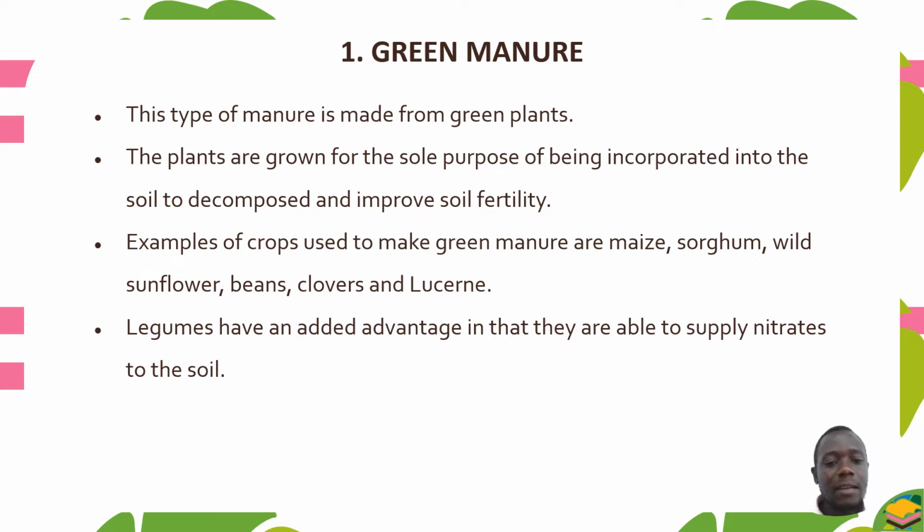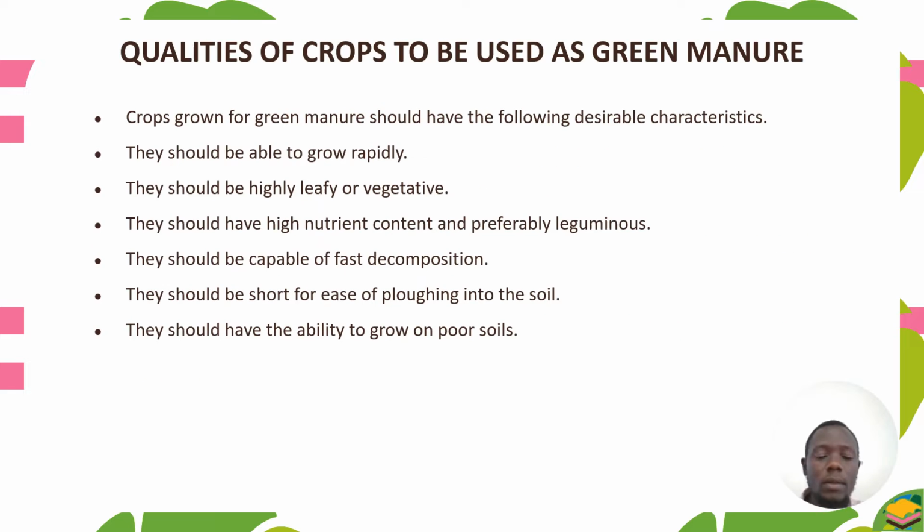Legumes have an advantage in that they are able to supply nitrate to the soil. That's an advantage of legumes, and we are encouraged to use legumes in green manure, because legumes are able to supply nitrate in the soil. So let's now look at qualities of crops to be used as green manure.